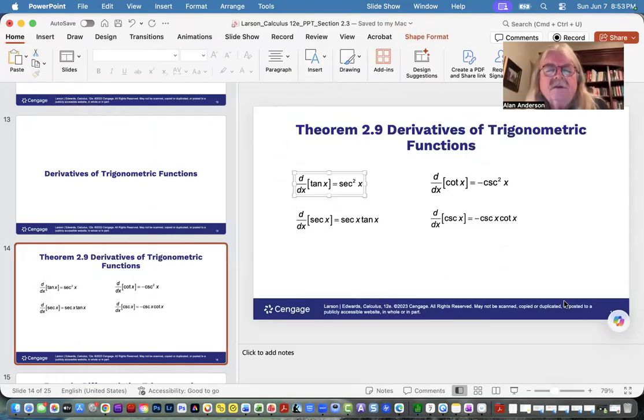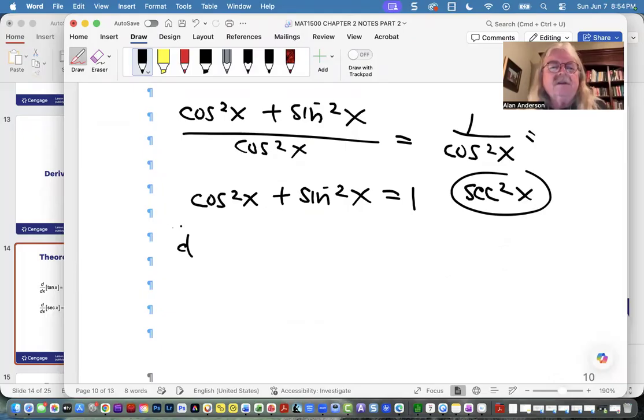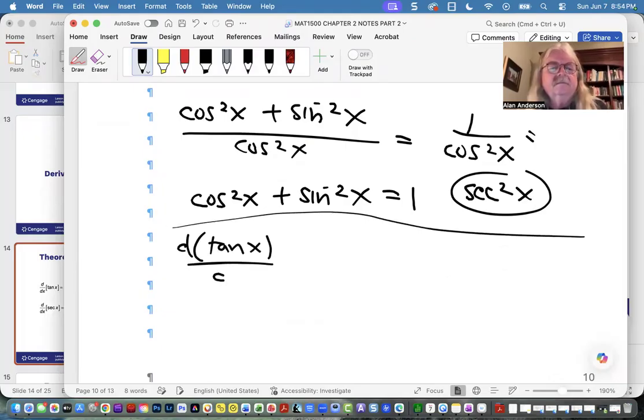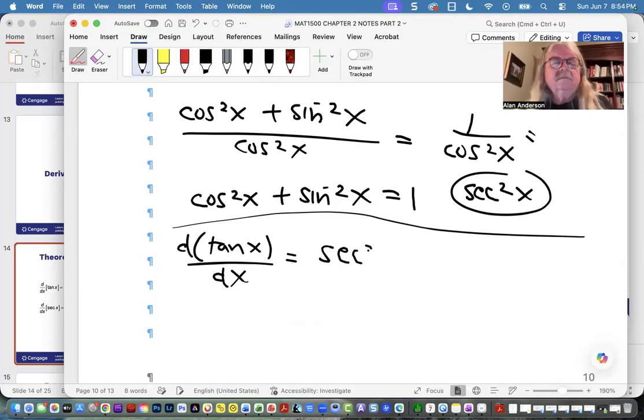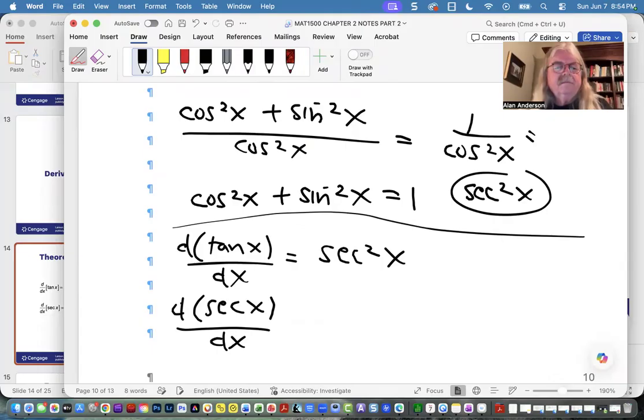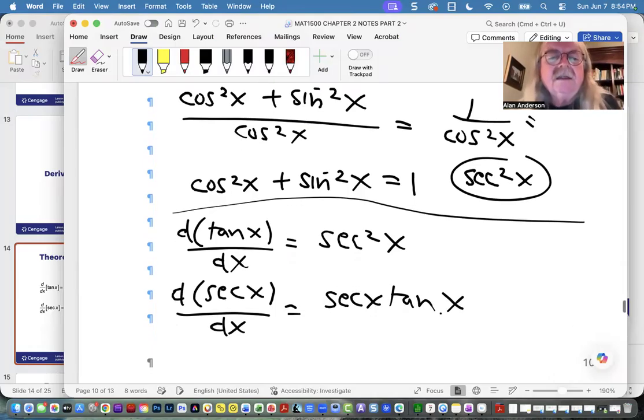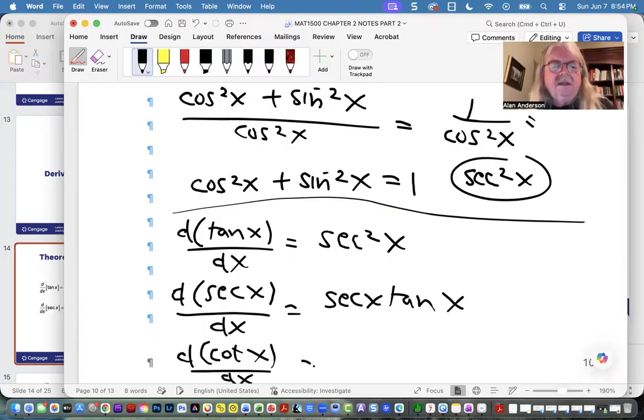So let's put this here with the others. For the secant, we end up with the secant times the tangent. For the cotangent, that's the negative cosecant squared.